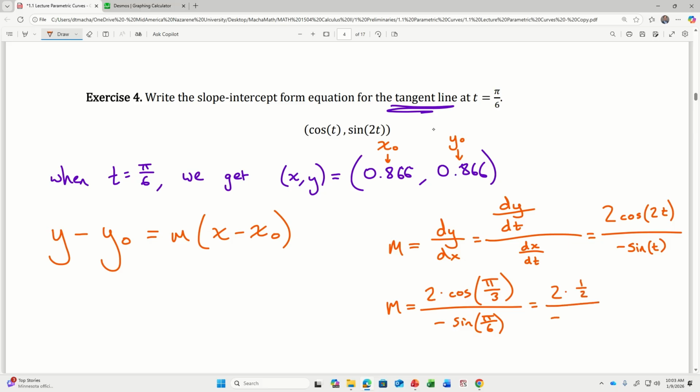Divided by negative 0.866. Is that right? No, that's wrong. I have a feeling that's wrong. Sine of pi over 6 is also 1/2. Sorry. So what is the slope here?